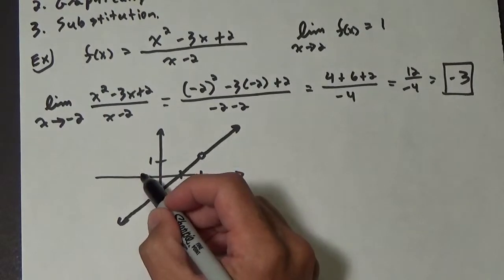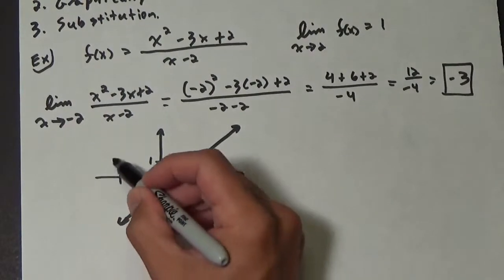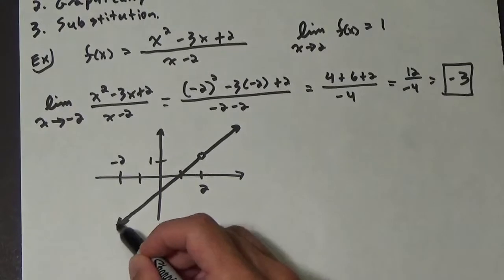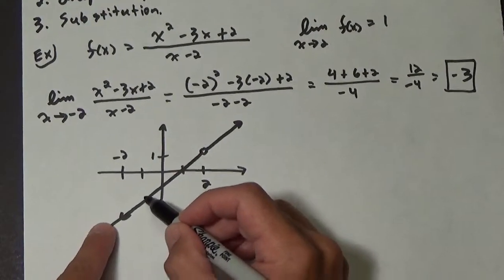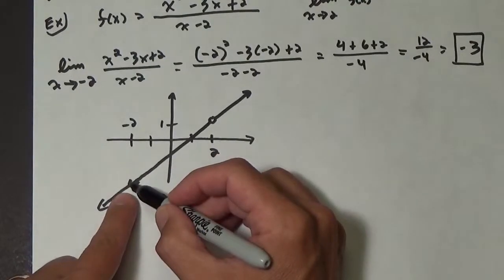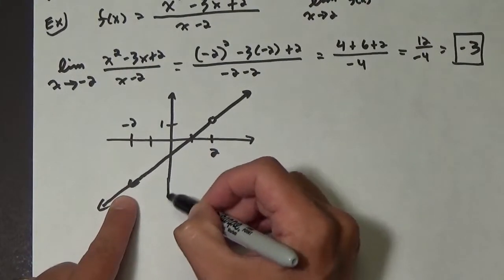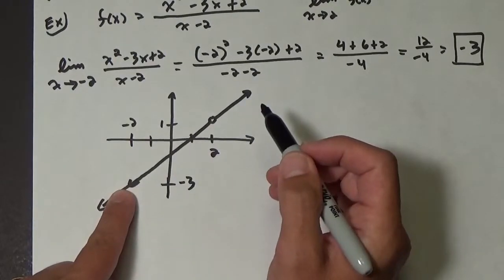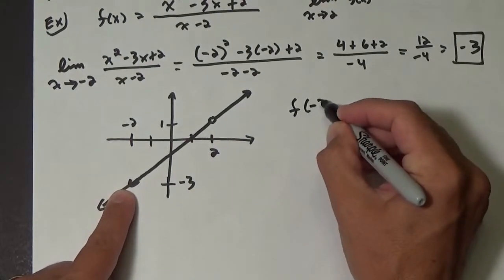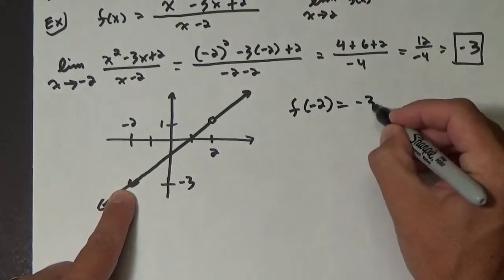But at x equals negative 2, let me draw this up a little bit more. Notice that as we approach negative 2 from both sides, it is approaching negative 3. However, if we evaluate f of negative 2, we also get negative 3.